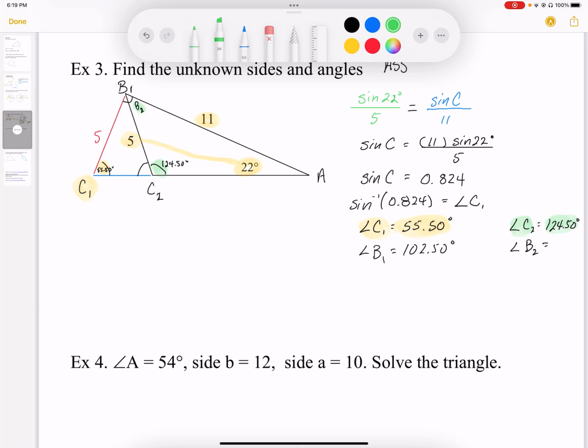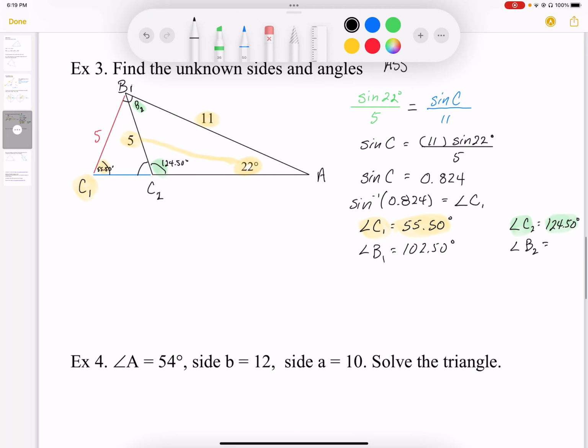So that by itself is B2, and when I add 22 degrees plus 124.5, and then subtract that from 180, I end up with 33.50 degrees. And if we take a look at B2, it looks like it's about 33.50 degrees.